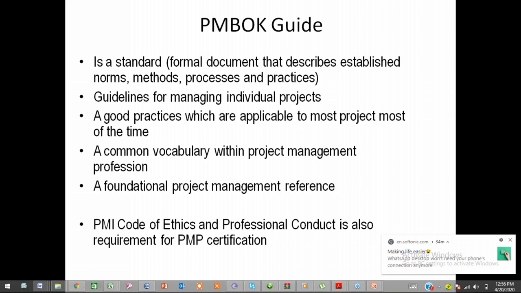If you're an accountant, you know the words cost accounting, credit, and loss, and the rest. In project management, we also have terminologies that are used. It helps you to talk professionally as a project manager. Then it's also a foundational project management reference. It gives you references to how project methodologies work and where those references were taken from.